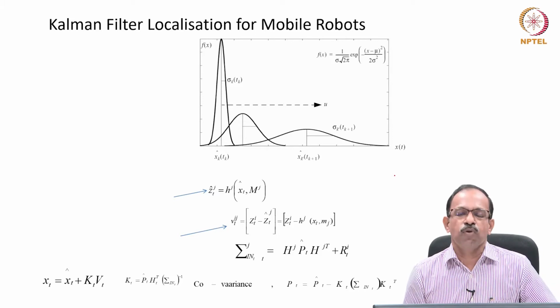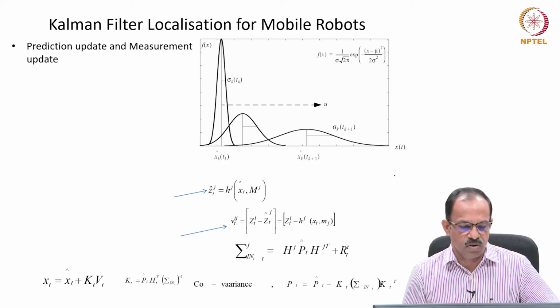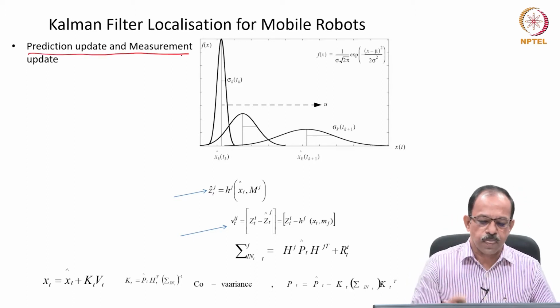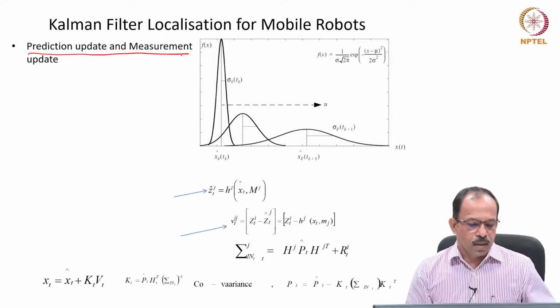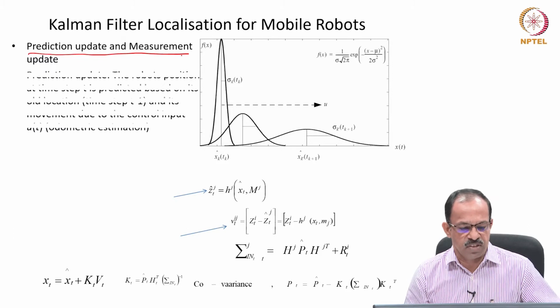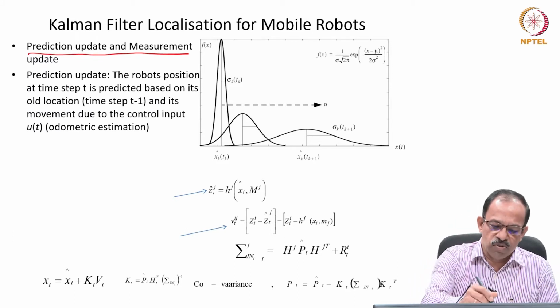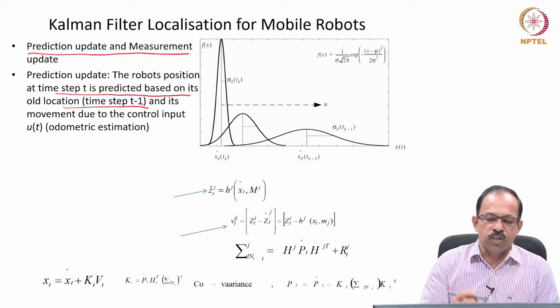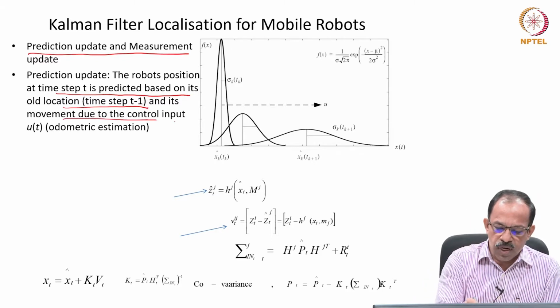The steps involved in Kalman filter localization, as I explained in the last class, I'll just go through once again. There are two updates, prediction and measurement updates. We first go for the prediction update. The robot's position at time step t is predicted based on its old location at t minus 1 and its movement due to the control input ut.